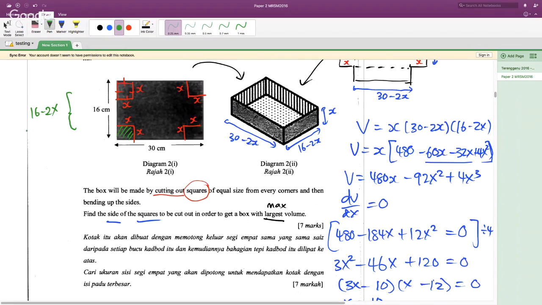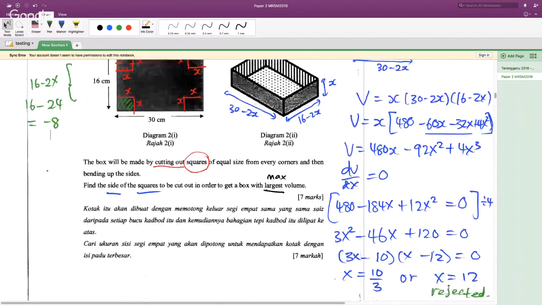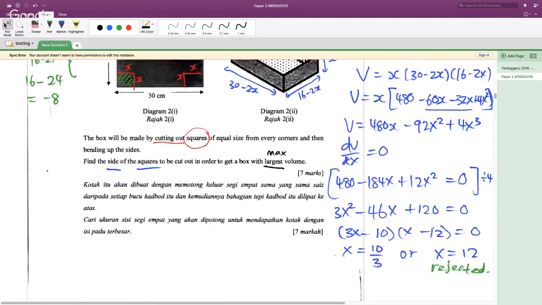If x is 12, over here you will get 16 minus 24, which gives a negative length. Therefore 12 is not possible. So I will only get one answer, which is 10 over 3, as my final answer. Yeah, this is how I do this question.